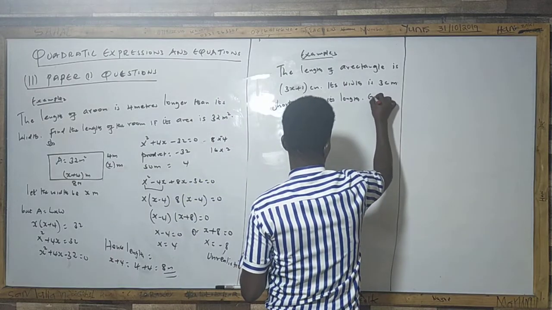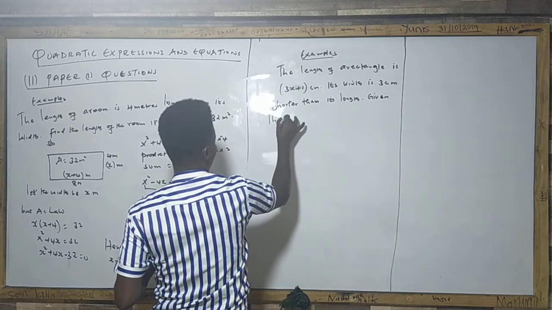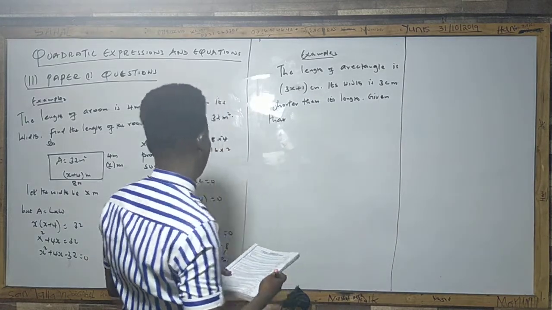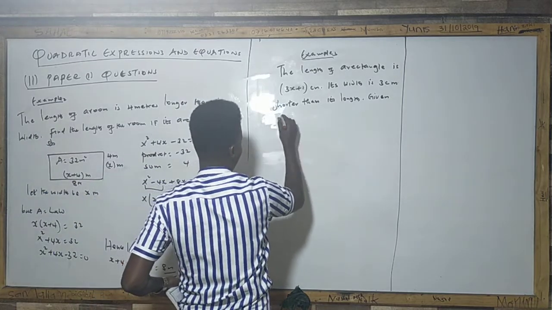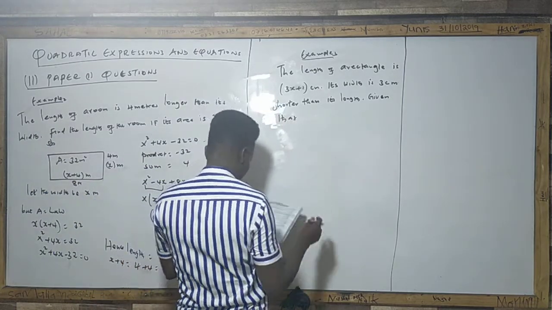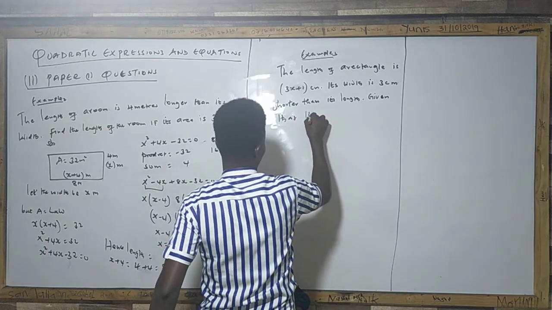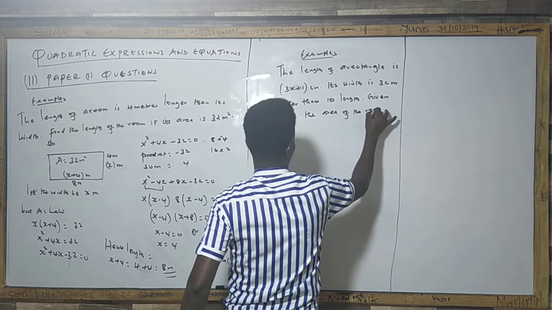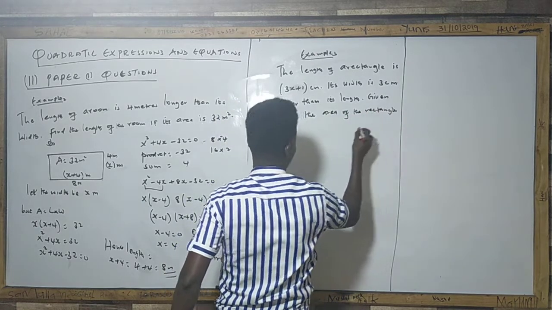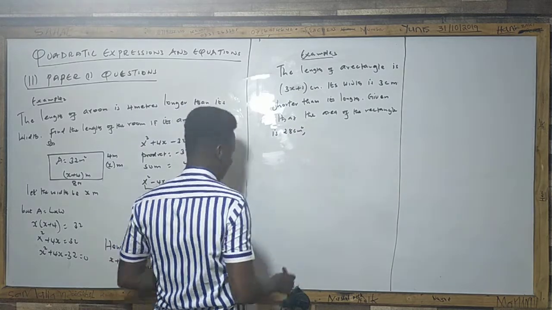Given that the area of the rectangle is 28 centimeters squared, comma.